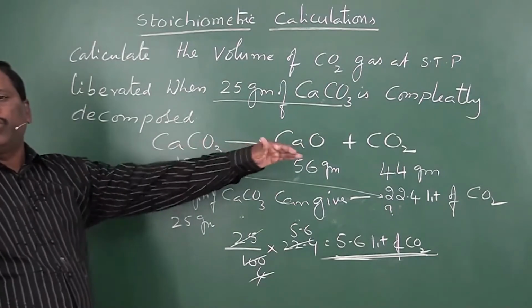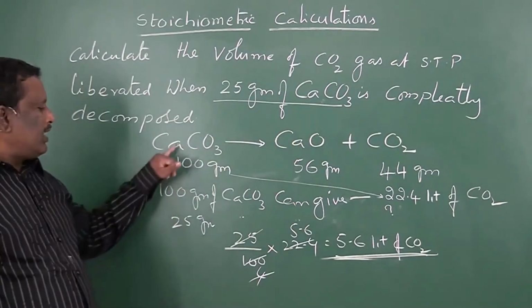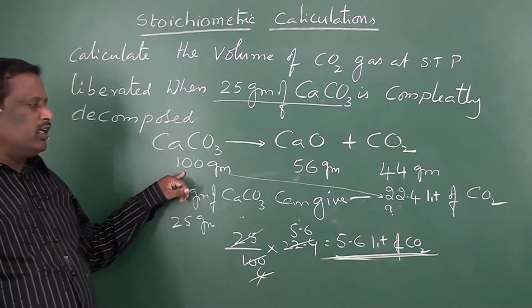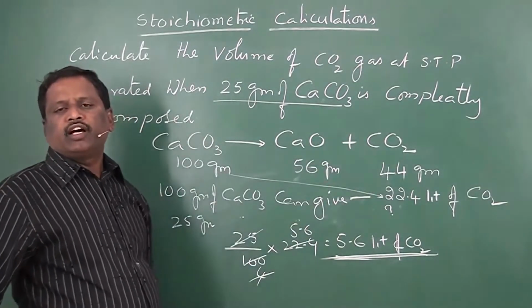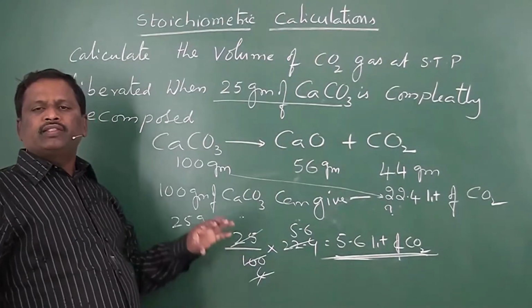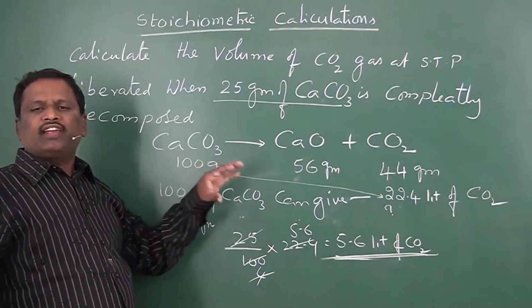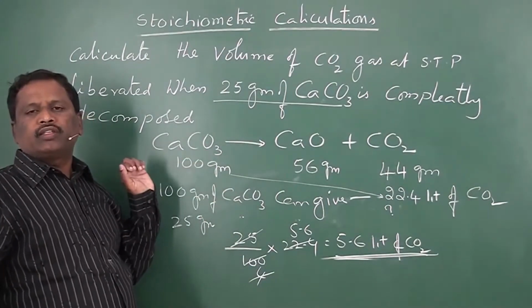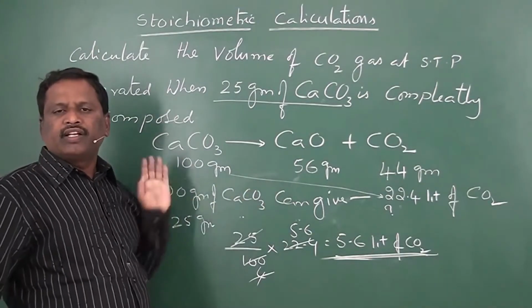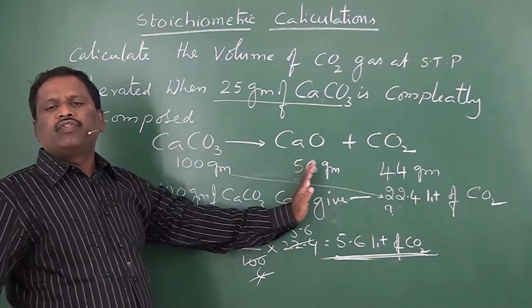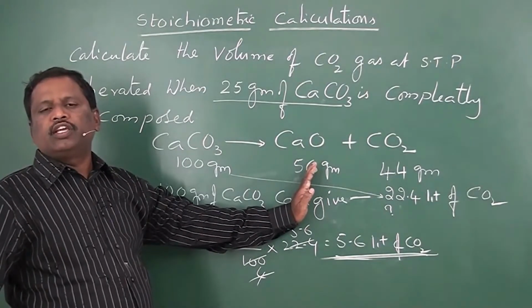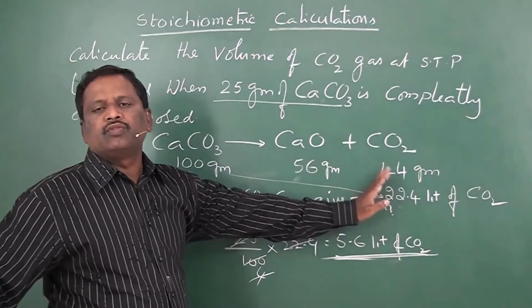Now, if you substitute the molecular weight of all the compounds, 100 is the molecular weight of CaCO3, 56 is the molecular weight of CaO, and 44 is the molecular weight of carbon dioxide. That means the mass ratios of decomposition of calcium carbonate are as follows: 100 grams of calcium carbonate on decomposition gives 56 grams of CaO and 44 grams of CO2.